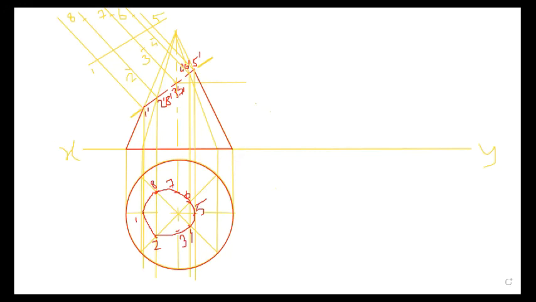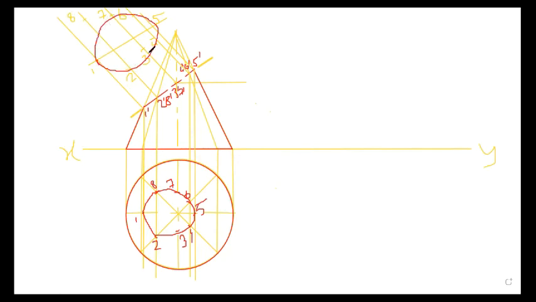Okay, now if we join this, it comes like this. If we mark the points, it comes like this.